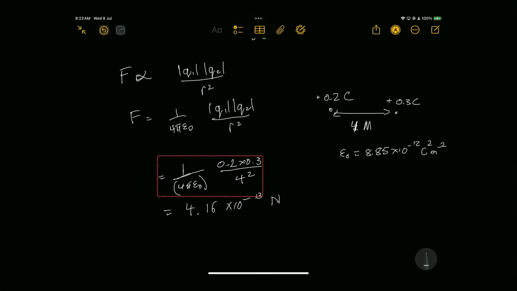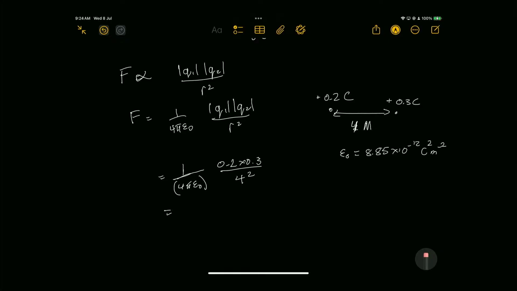So for 1 over 4 pi epsilon naught, couldn't you just use Coulomb's constant of 8.9876 by 10 to the 9? You could use that, yes, but you need to remember it, because you're not really given that separately. Okay. Because that's just a mix of other known constants.